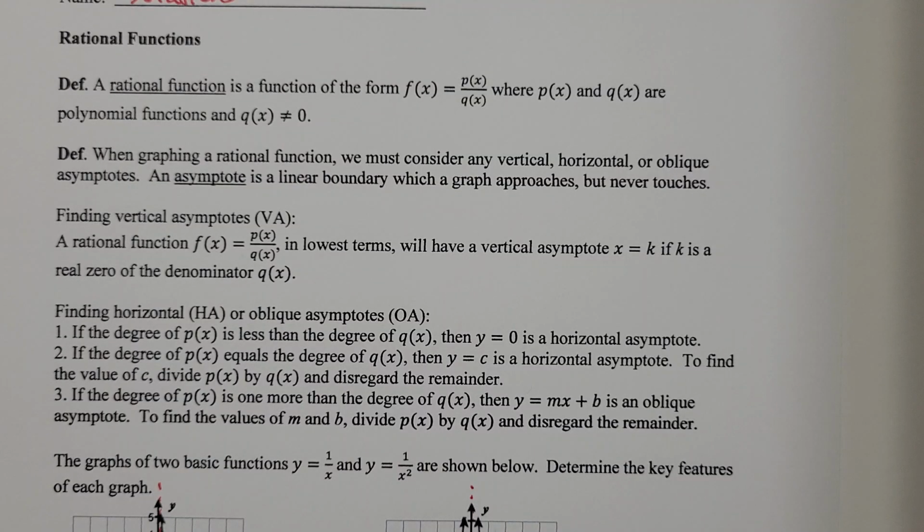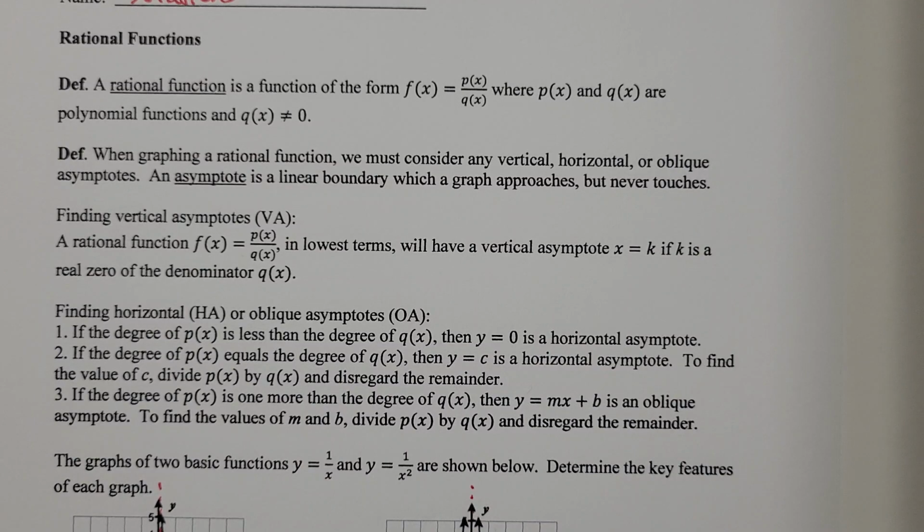Okay, so it says that a rational function will have a vertical asymptote x equals k if k is a real zero of the denominator q of x. Okay, so all you're going to do is basically just state the domain of the function. Any number that you're throwing away as a result of the domain is going to create vertical asymptotes on the graph.